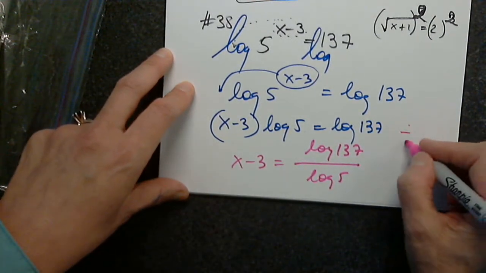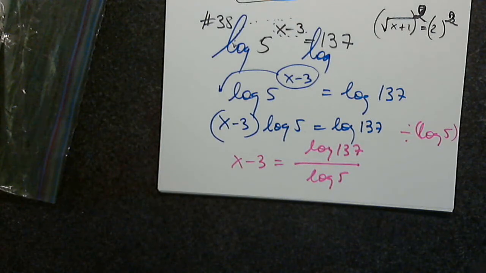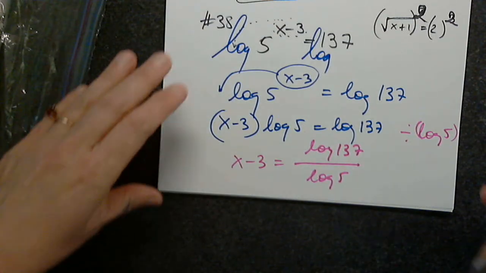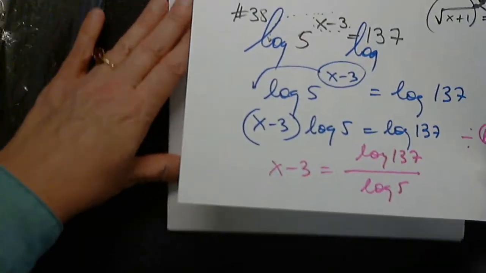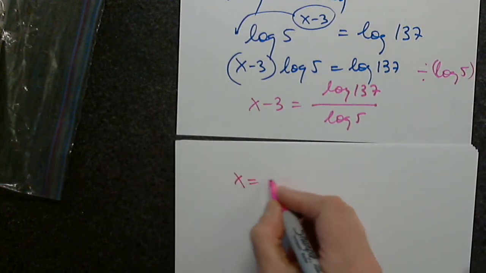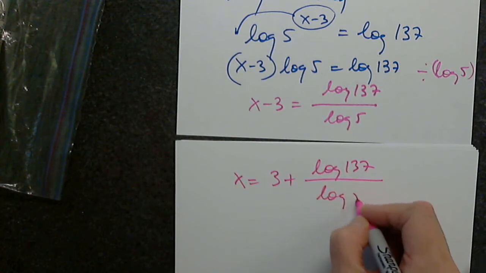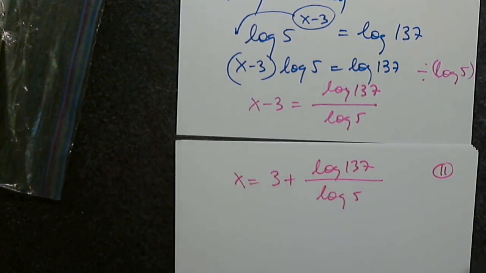We're dividing both sides by log 5. You do not try to cross log with log. There are different functions, different variables, different arguments. This is a number at the top and a number in the denominator. So in order to solve for x, I have one more step to go, which is, of course, add 3. What if my answer is wrong?